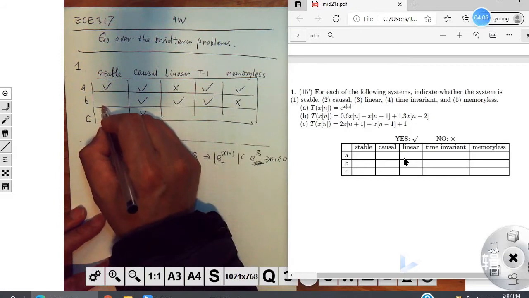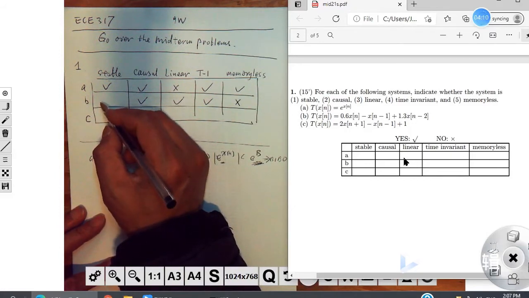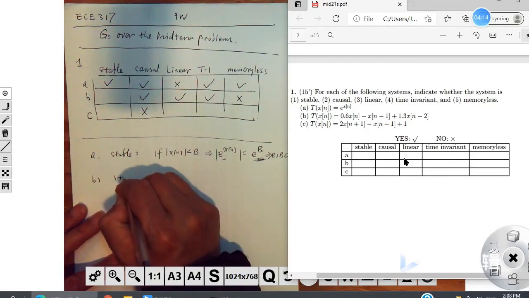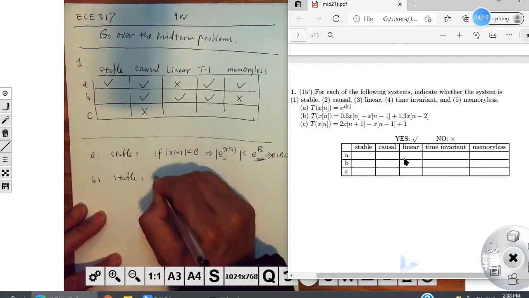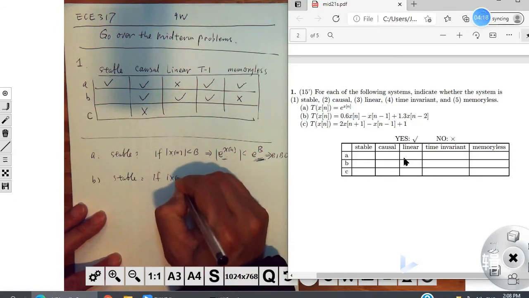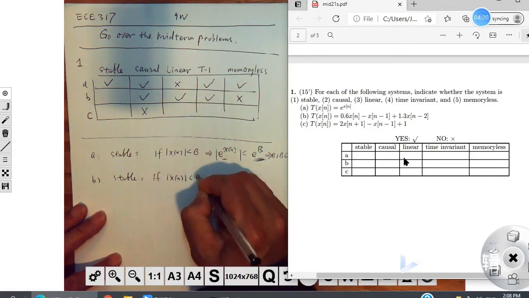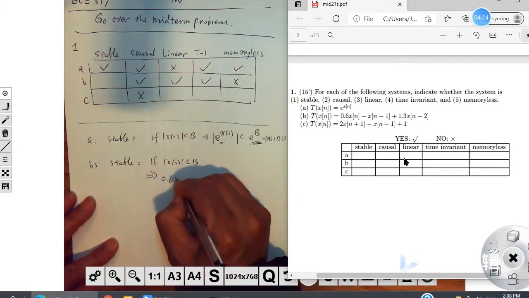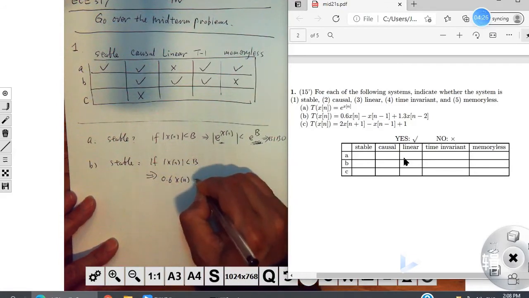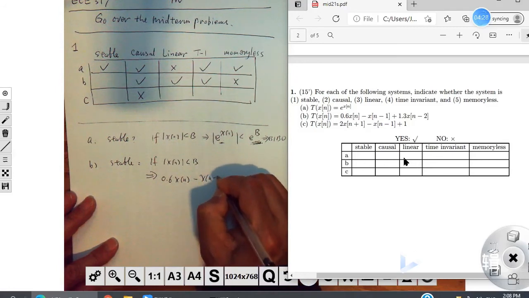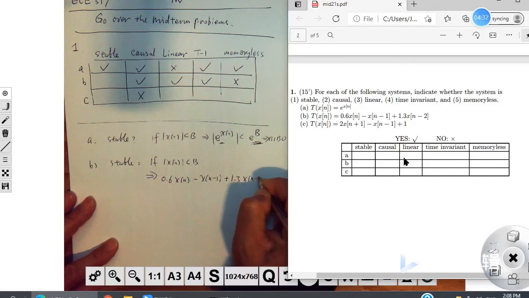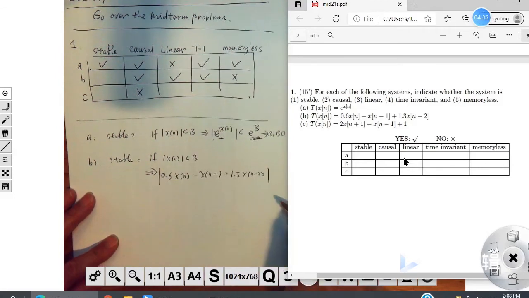And the stability, B is also stable, right? If x of n is bounded by some B, then for the output 0.6 x of n minus x of n minus 1 plus 1.3 x of n minus 2, we take the absolute value.